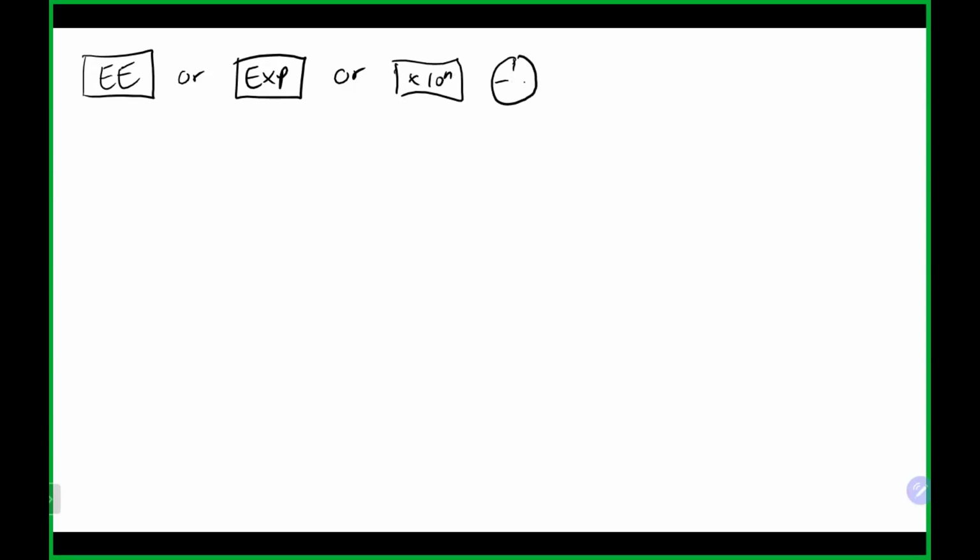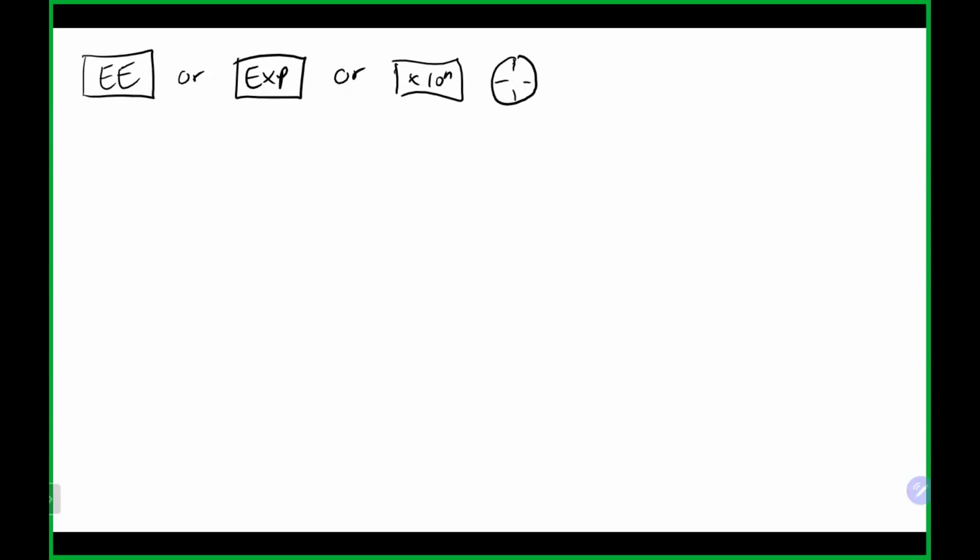You will either have this button here, which is an EE button, or an EXP button, or if you have one of the calculators that have been out a while that are kind of two-tone, with a main color in the base and on the sides it's kind of white, you will have a button that actually says times 10 to the n, and usually those calculators will also have a little wheel happening on them as well. These are your exponent buttons, and these are the buttons you should use when you punch something into your calculator in scientific notation.